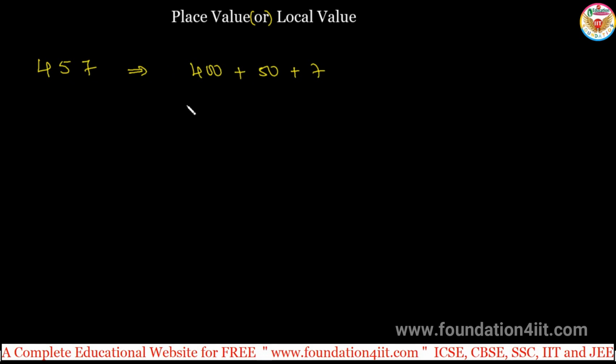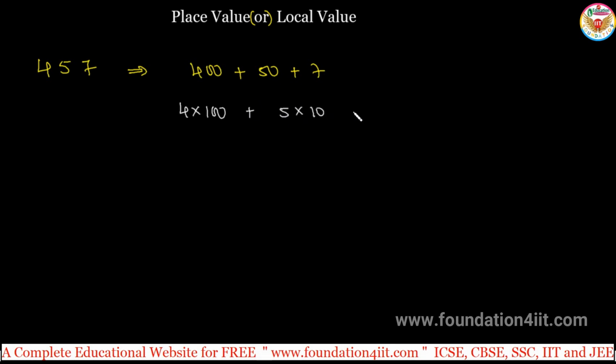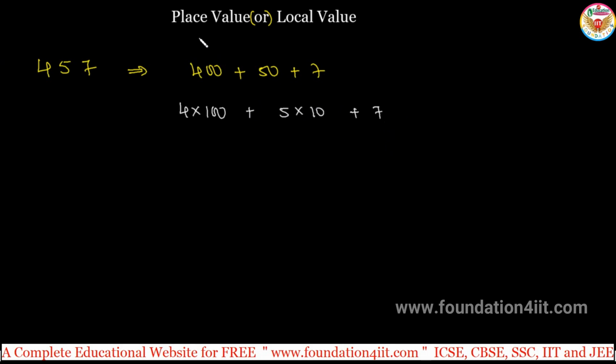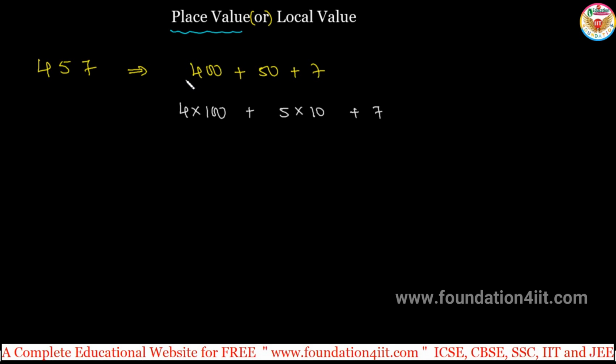So 400 is 4 into 100, plus 50 is 5 into 10, plus 7 is 7 into 1, or just 7. So if you notice, the place value is nothing but the position in the number. So what position is it?